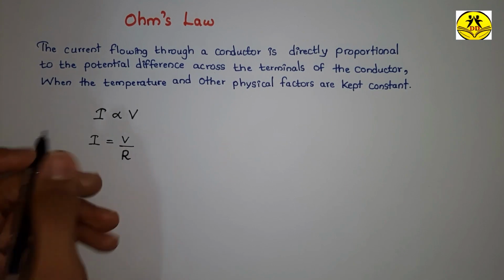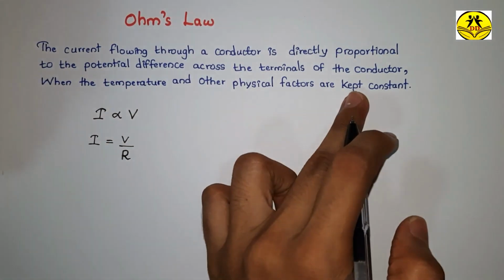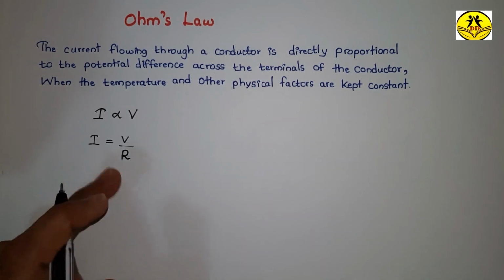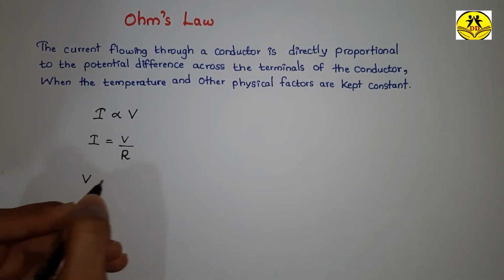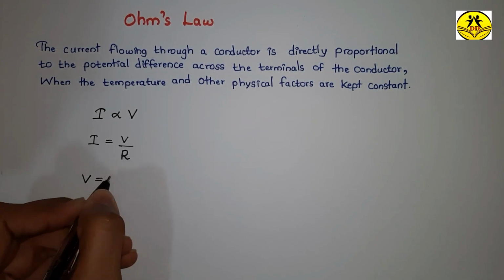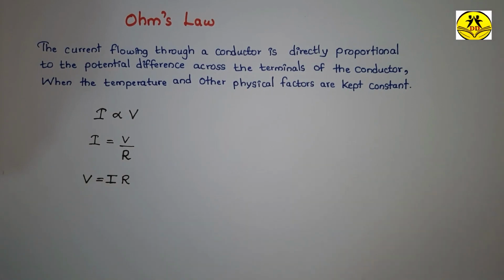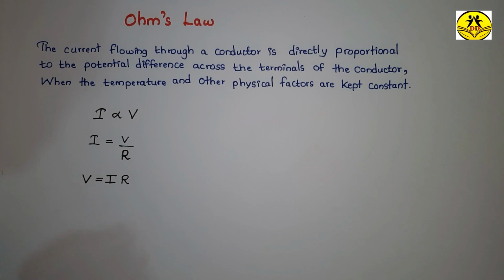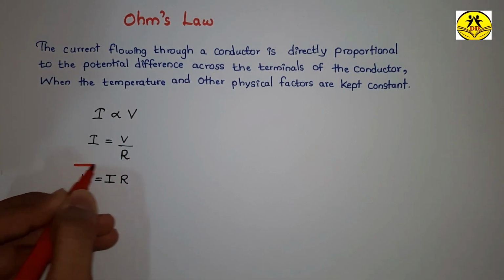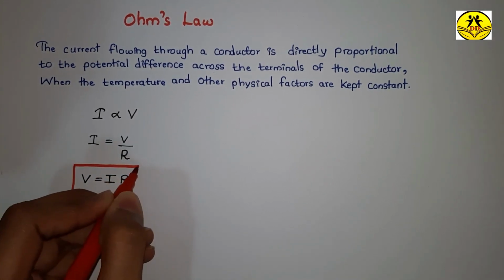Since temperature and other physical factors are constant, the resistance is constant here. So we can write the equation V equals IR. This is the equation you derive from Ohm's law. You should remember this equation.